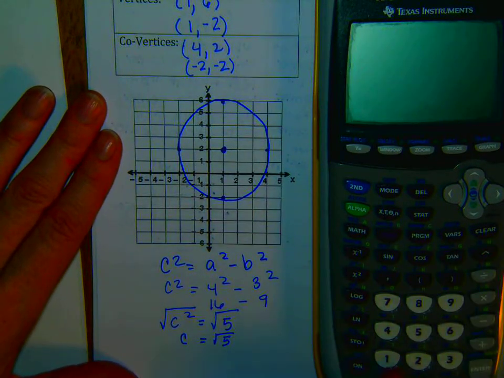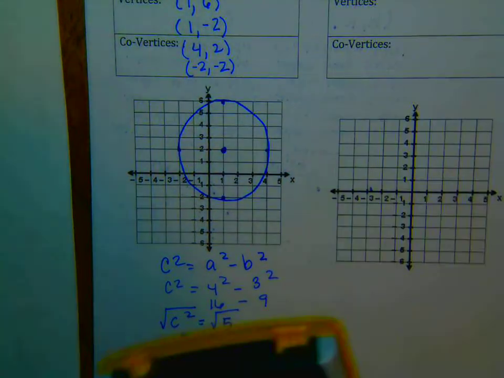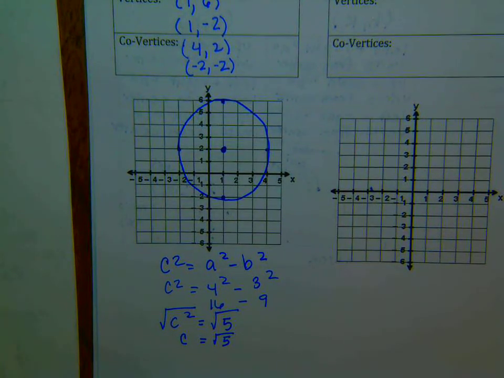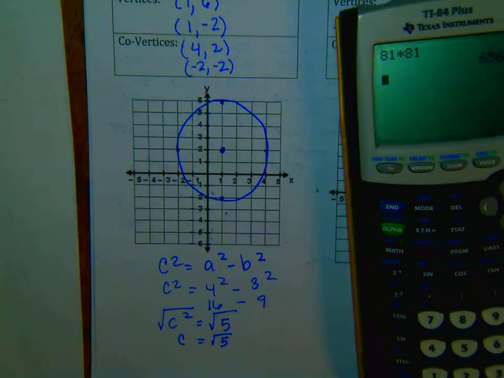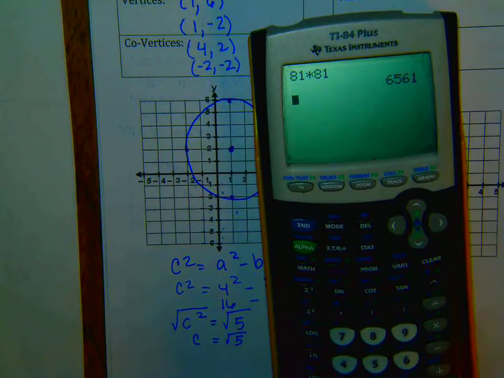Maybe my calculator is not turning on. Excuse me, sorry about that. So let's get that. We have 1 plus the square root of 5, and that is 3.23.